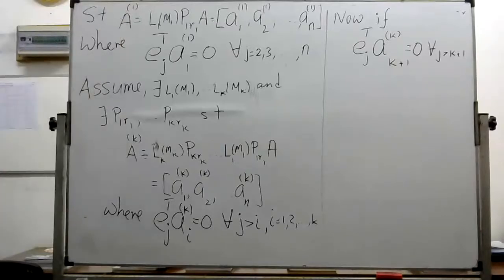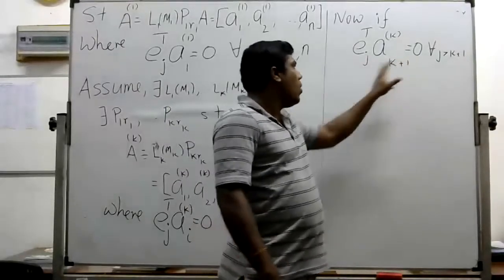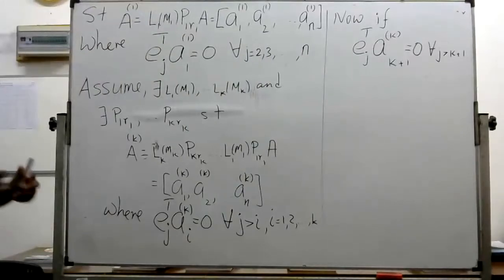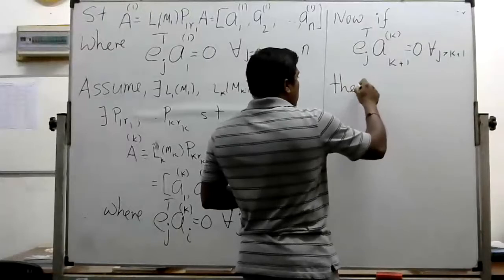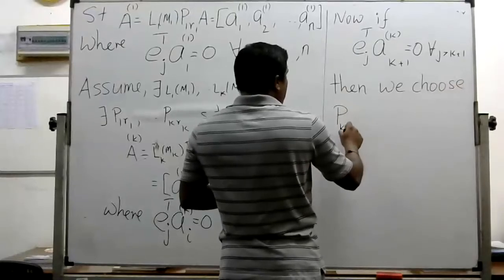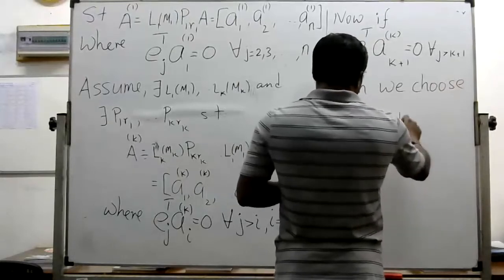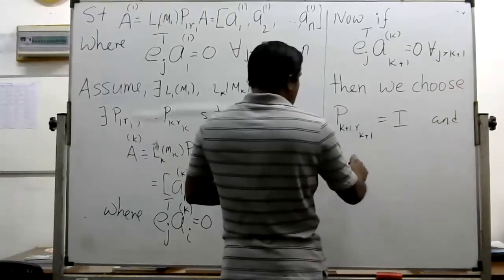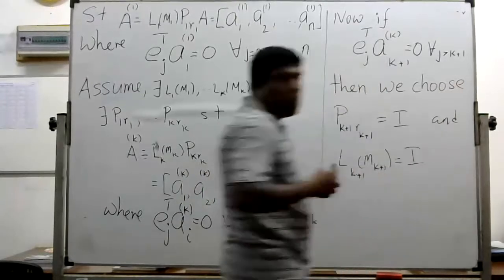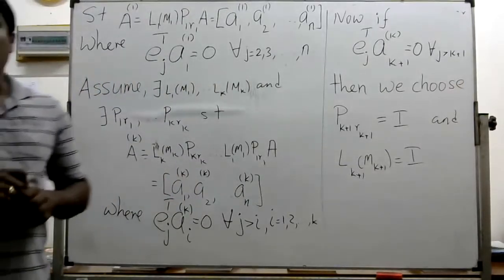So in that case, like what we did in the first step, we choose both P k plus 1 and L k plus 1 as identity matrices.